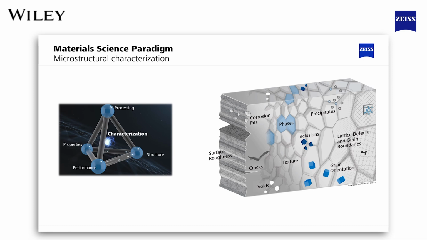As an example, look at the schematic on the right hand side, which is of a metal. From macro to micro scale, there are a variety of features ranging from macro scale voids, pores, grains to precipitates, inclusions, and lattice defects at the nanoscale. All of these properties are linked, and microscopy is at the center stage if we want to understand their interplay.